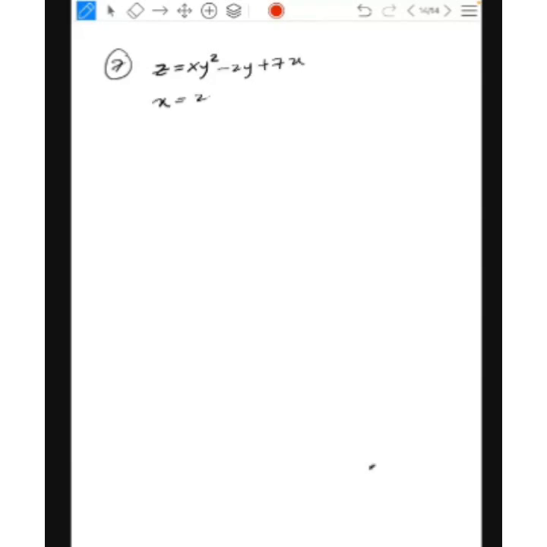Then x is 2u minus v, and y is 2v. As usual, you just use the tree diagram. At the top I have z, and under z I have two variables, x and y. Under x I also have two variables, u and v. y also has two variables, u and v.